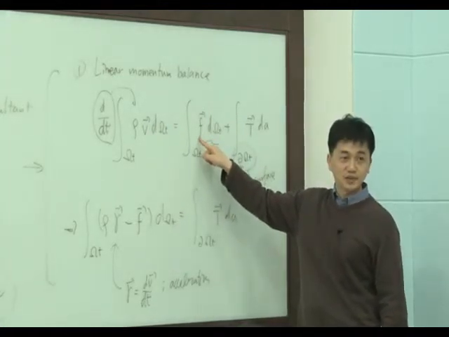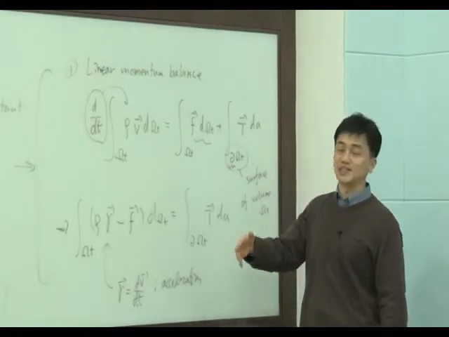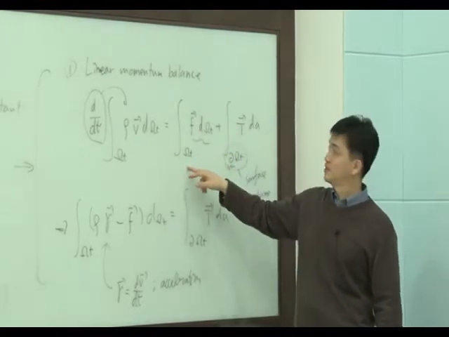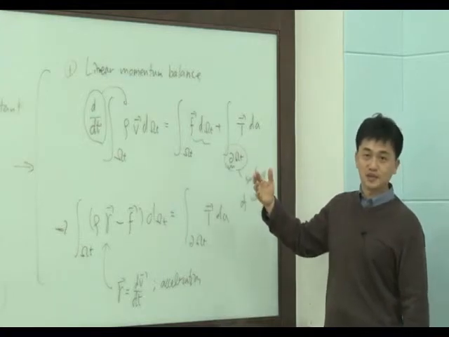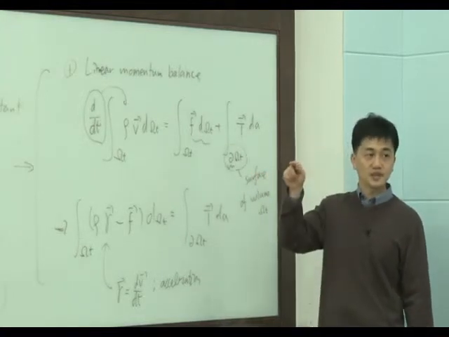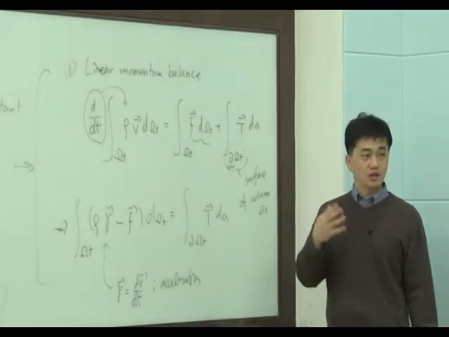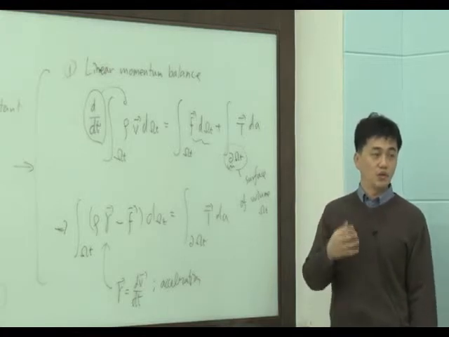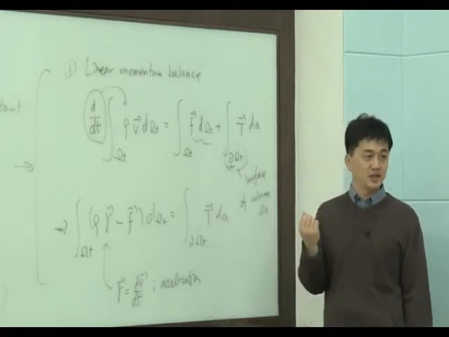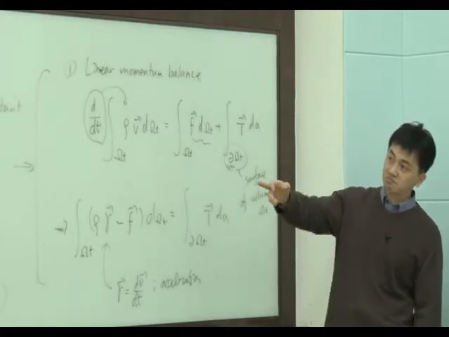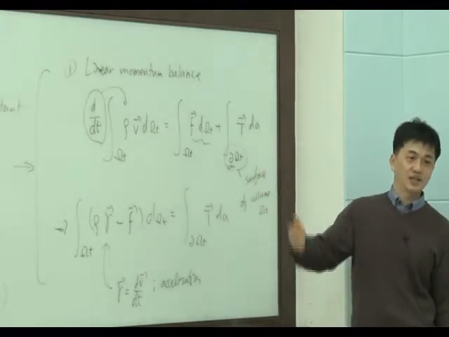Here, this is body force. To calculate the whole body force, we need to integrate over the volume. This is a volume integral. How about this? Surface force at some point of the surface. So if we want to calculate the sum of all the surface force, we need to integrate over the surface, right? That's it. And then the linear momentum balance is just that.